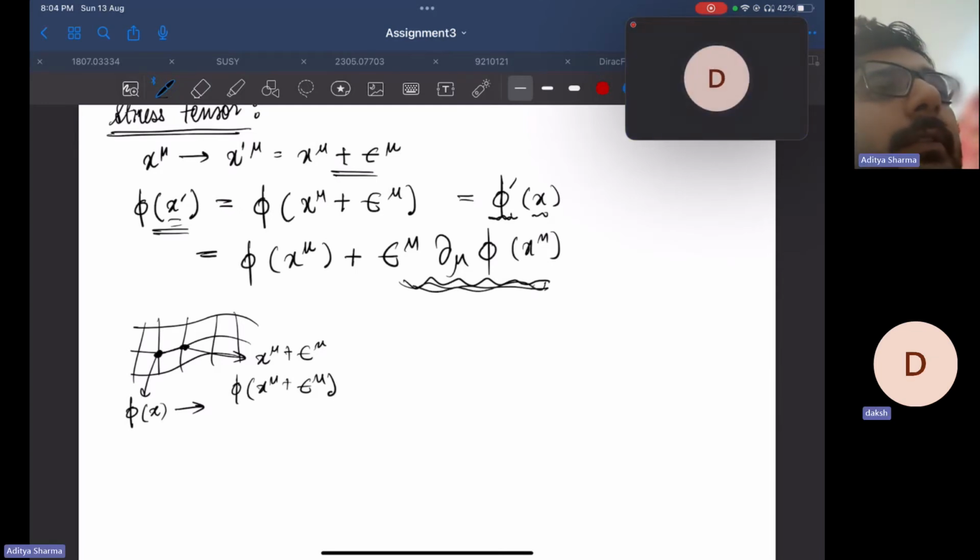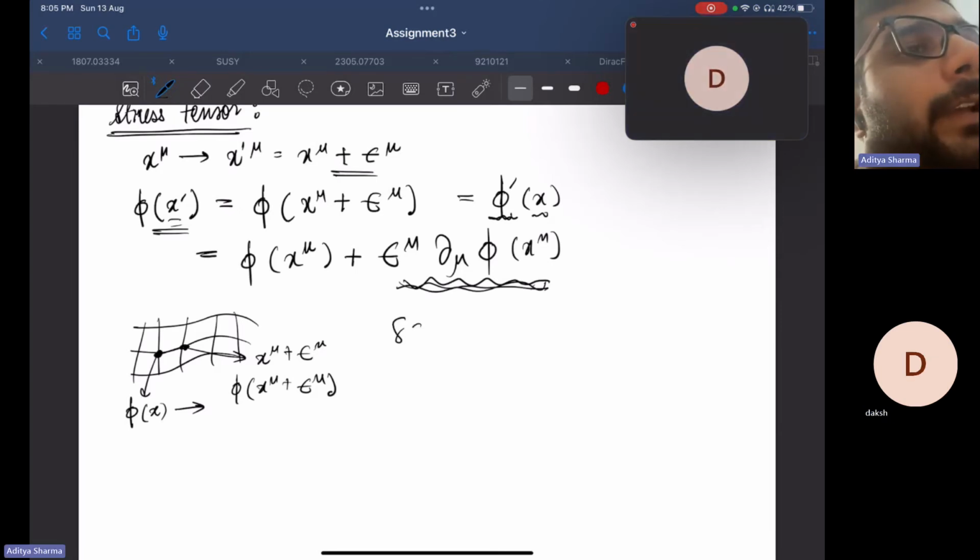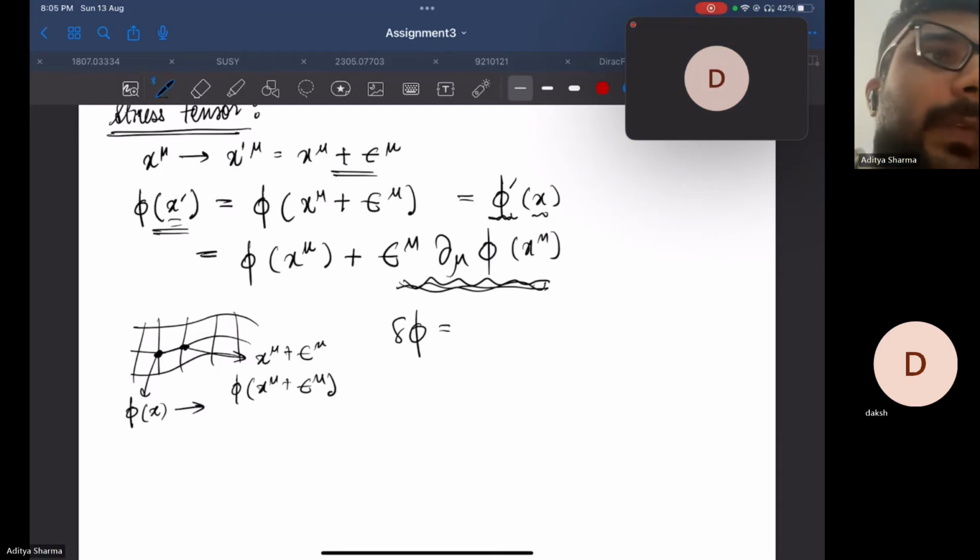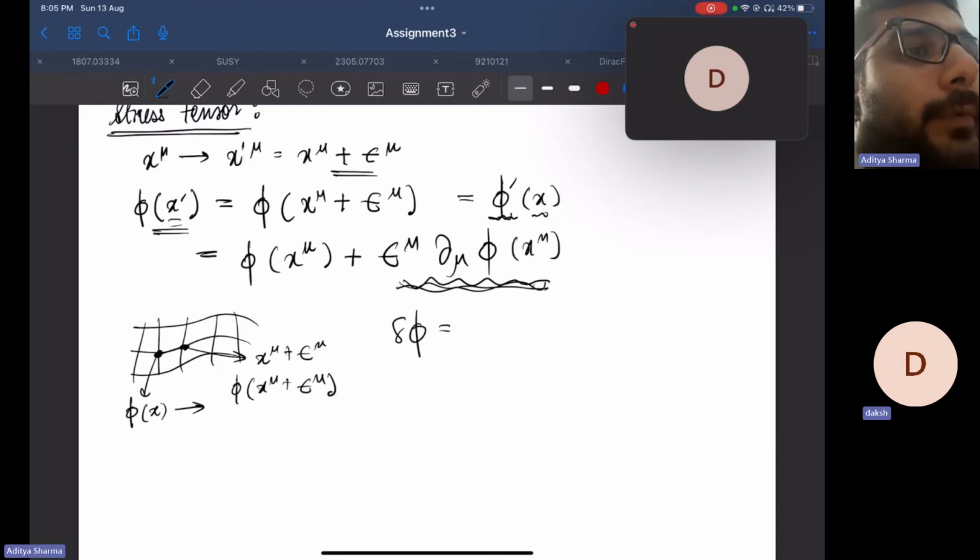So this is your change in the field. Therefore, delta phi, I'll drop the epsilon. Delta phi mu, I have to keep them. I'll keep the epsilon mu.